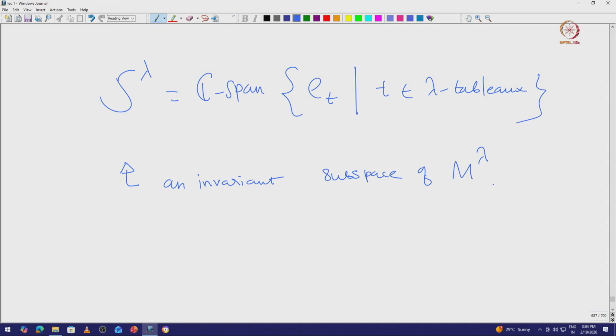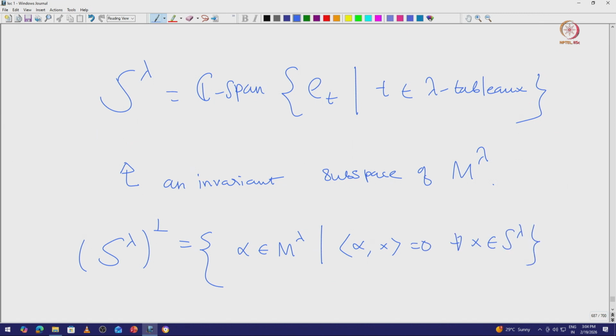In particular, we can talk about S lambda perp, which is those elements alpha in M lambda which are orthogonal to all elements of S lambda. So, we fix that Sn invariant inner product on M lambda, and with respect to that we talk about this orthogonal complement of S lambda.